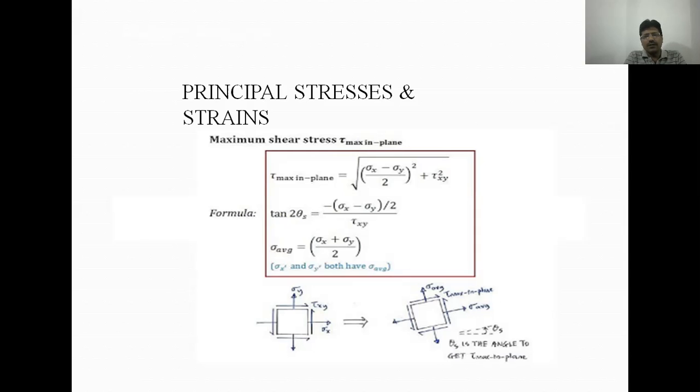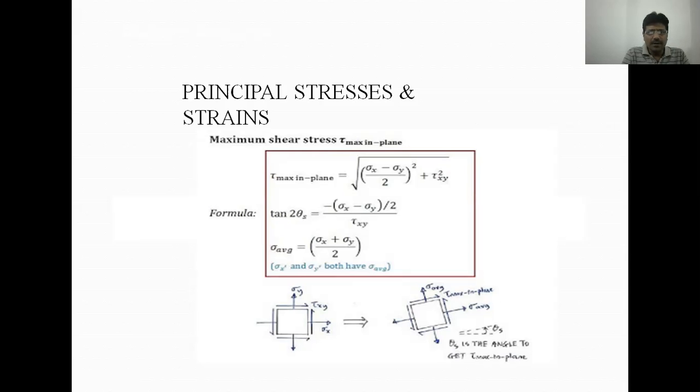These two formulae will give us the value of maximum shear stress, and the angle from the horizontal of the plane that bears the maximum shear stress.